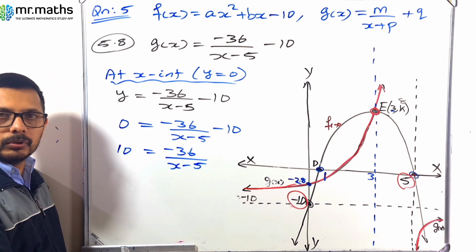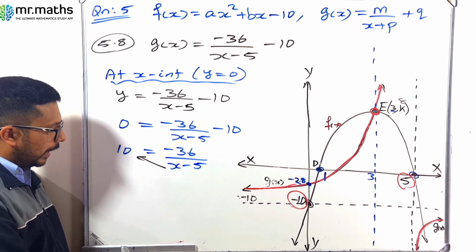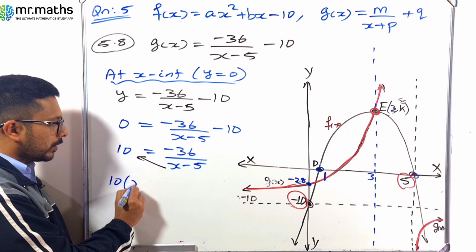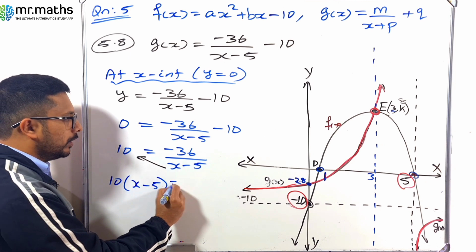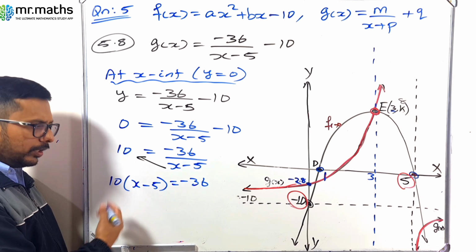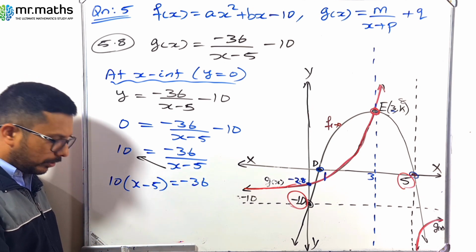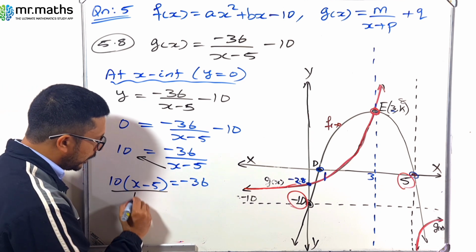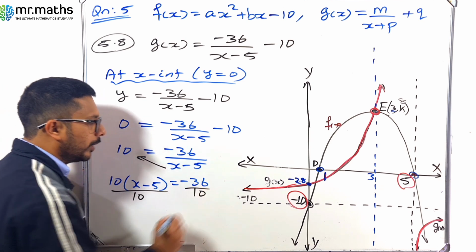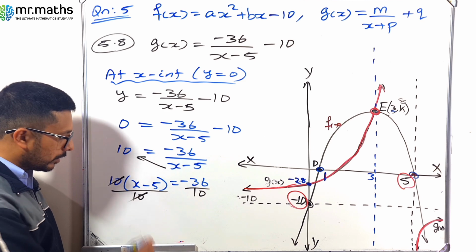Now what you have to do is cross multiply. So 10 times x minus 5 is equal to minus 36. Either you expand the bracket or divide both sides by 10. Let me divide both sides by 10. This 10 and this 10 cancel. What is remaining?